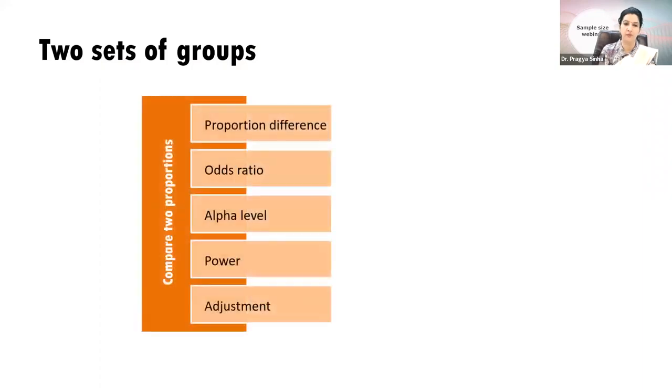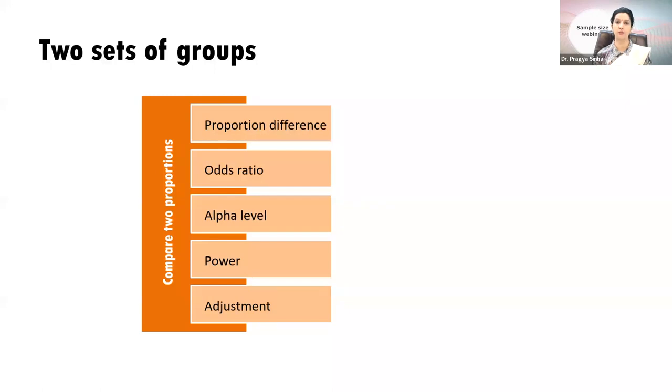So for sample size estimation, we have two types of input. For any sample size, you first have to decide about the outcome. How are you going to measure the outcome? Are you going to measure it in the form of a mean, that is on a continuous scale, or in the form of a proportion?